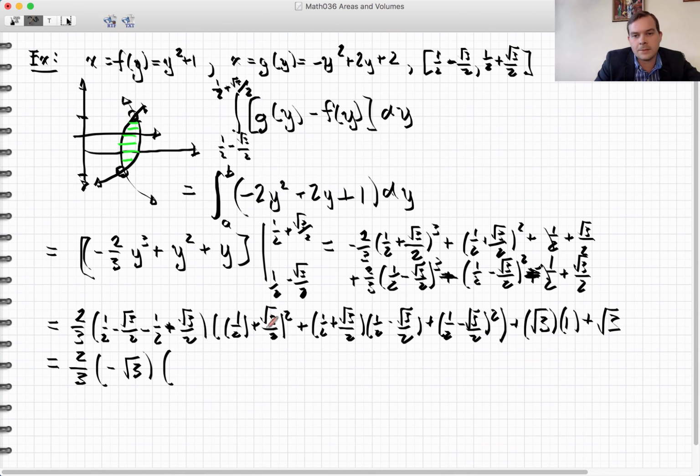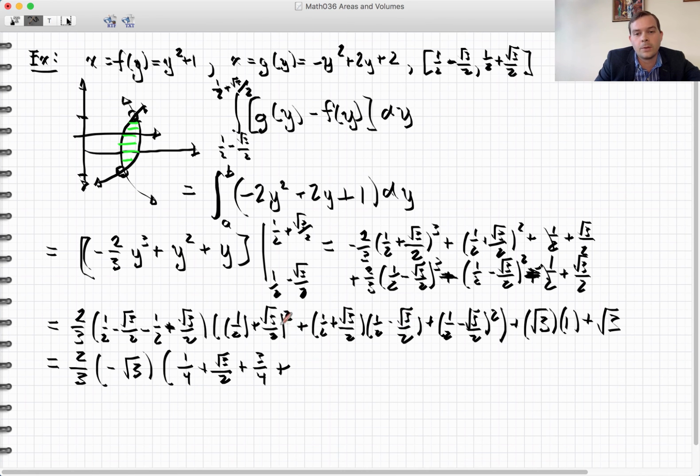These guys have a relatively simple product, and so we'll get 1/4 plus 2 times 1/2 square root 3 over 2 will be the cross term, so I get square root 3 over 2. And then plus, well, the square of this guy is going to be 3/4 plus, this is also a difference between two squares formula, so I reverse the difference between two squares in this case, so I'm going to have 1/2 squared minus square root 3 over 2 squared.